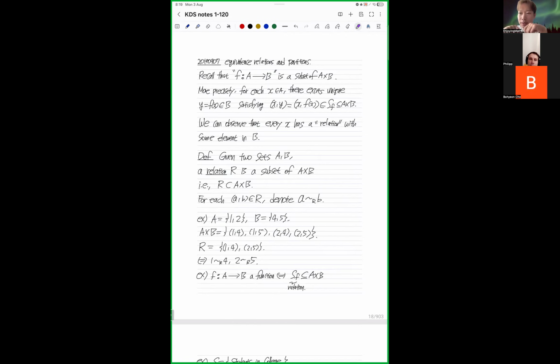And so a surjective function is, no, the surjective function is one where every element in the codomain has at least one pre-image.